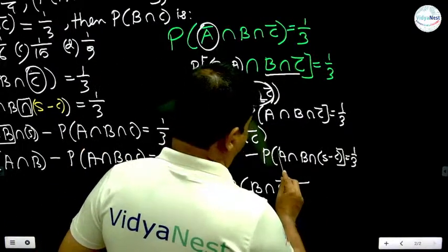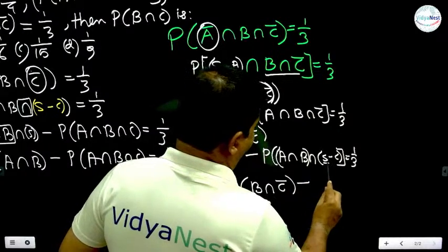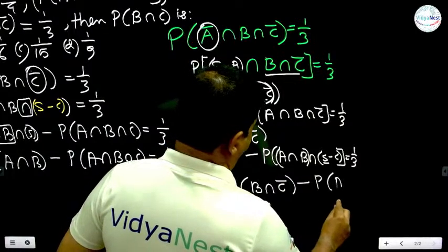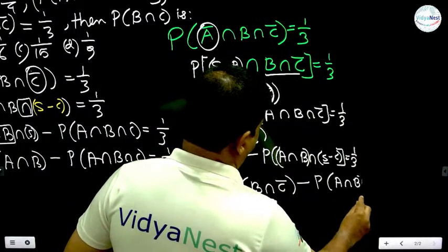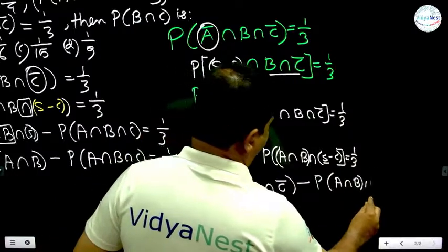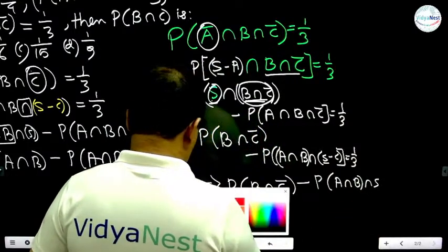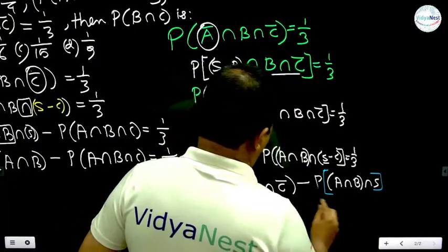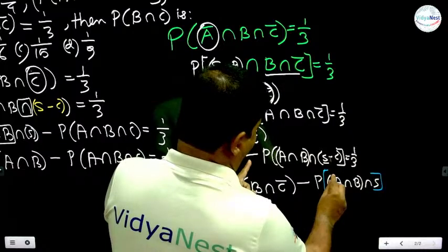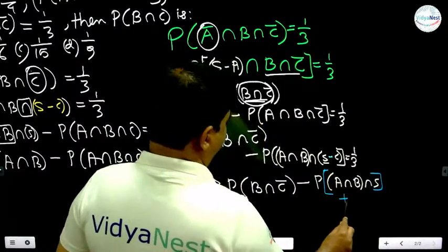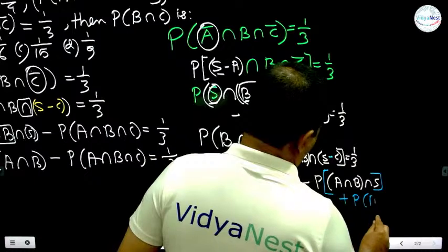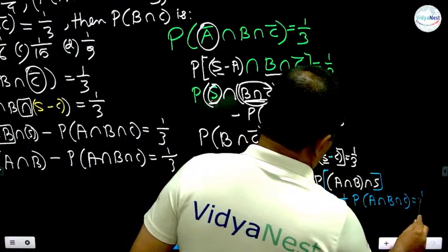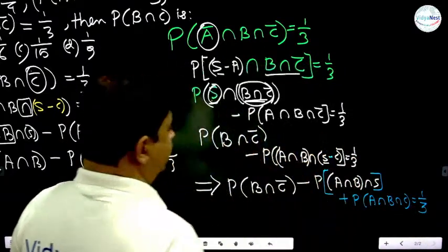B, this thing will be clubbed with S. Minus plus is equal to 1/3.